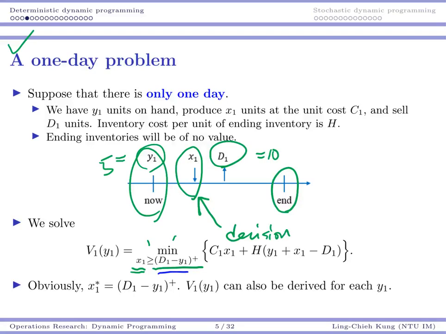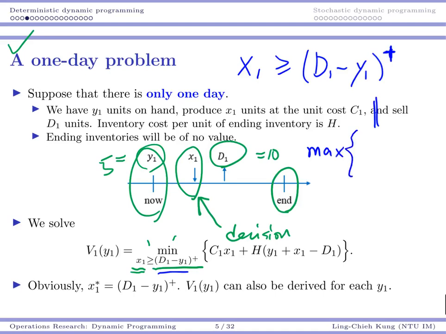So we say x1 must be greater than or equal to (D1 minus Y1) plus. This plus is a notation that is widely used, which means we are taking the maximum of D1 minus Y1 and 0. If the number is positive, then it is the number. Otherwise, it's 0.